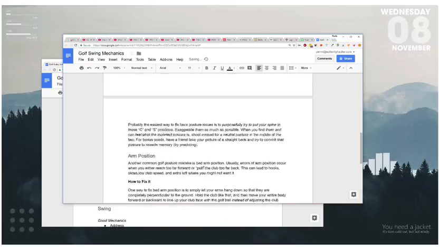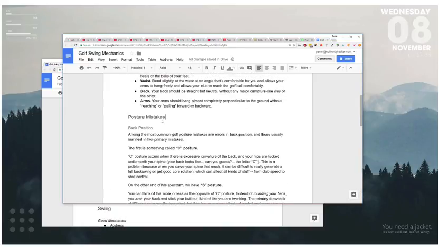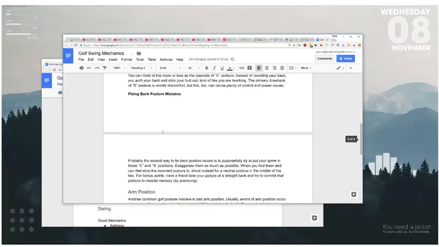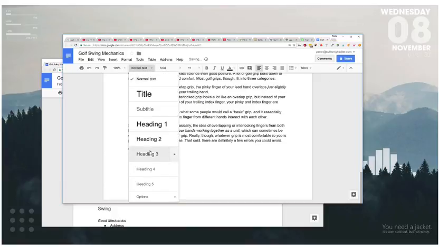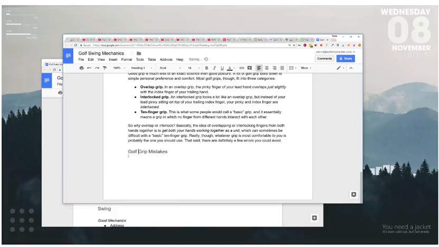Mistakes. What would we use for mistakes up here? H3. Grip mistakes. H3. And I'm actually going to say golf grip mistakes just because I like to use LSI keywords in my headings, and I'm assuming that golf grip mistakes is probably close.